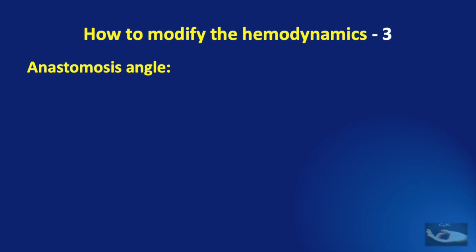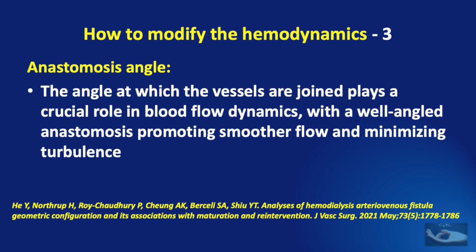Does the angle of the anastomosis between the vein and the artery have something to do to modify the hemodynamics? A study done in 2021 showed the angle at which the vessels are joined plays a crucial role in blood flow dynamics, with a well-angled anastomosis promoting smoother flow and minimizing turbulence.